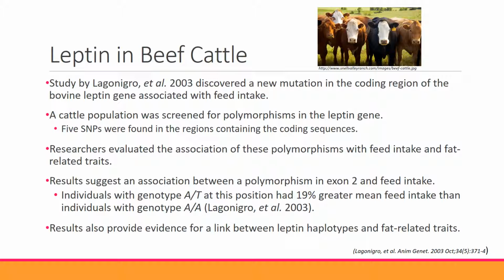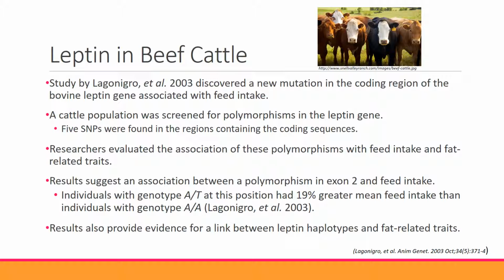The researchers took a cattle population and screened them for polymorphisms in the leptin gene, and 5 single nucleotide polymorphisms were found in the regions containing the coding sequences. Researchers evaluated the association of these polymorphisms with feed intake and fat-related traits, and the results suggest an association between a polymorphism in exon 2 and feed intake.